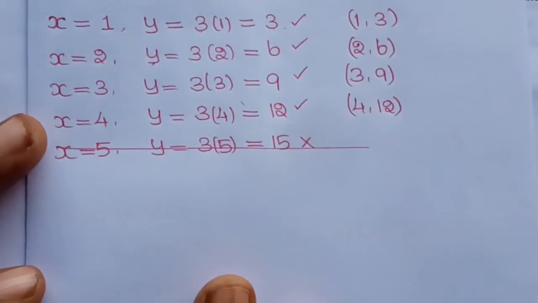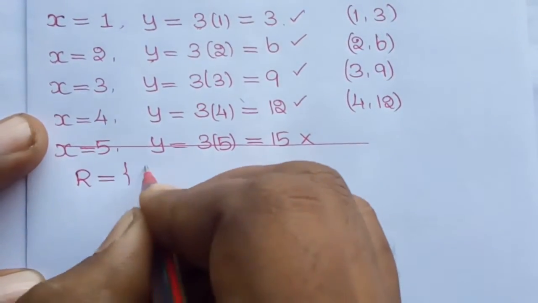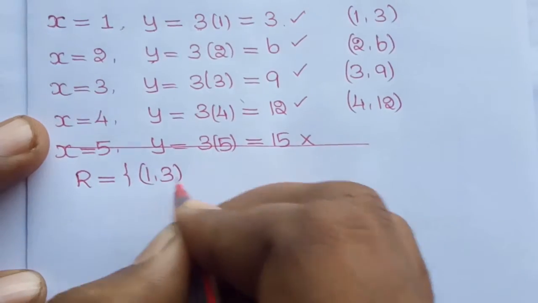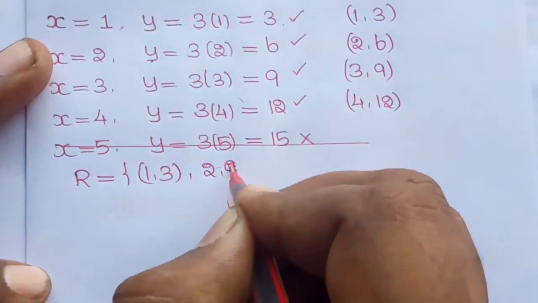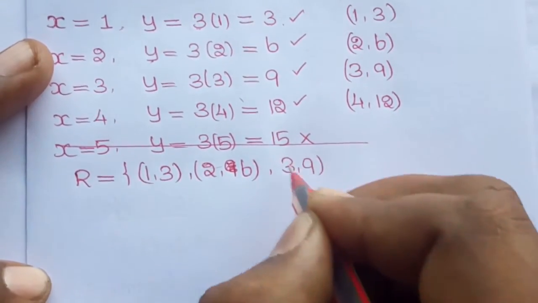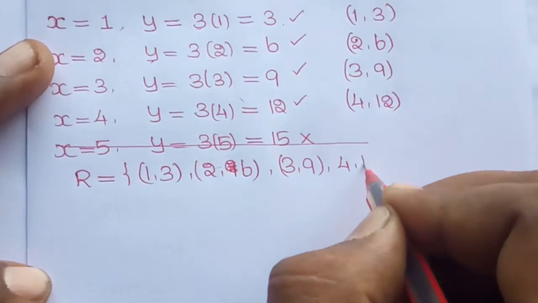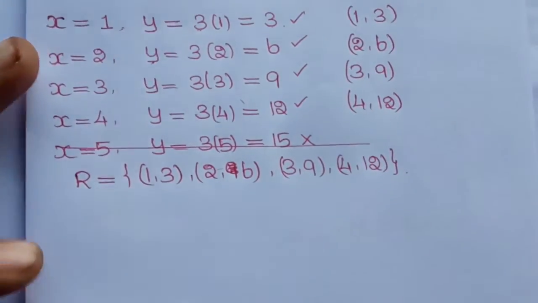Therefore the elements of the relation R are (1, 3), (2, 6), (3, 9), (4, 12). These are the elements of relation R.